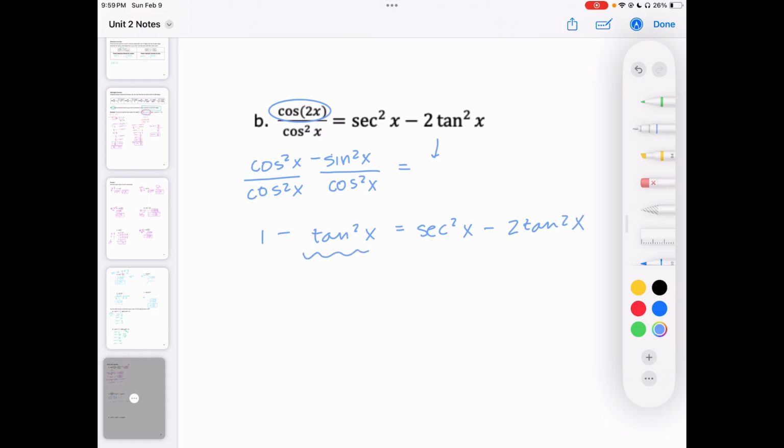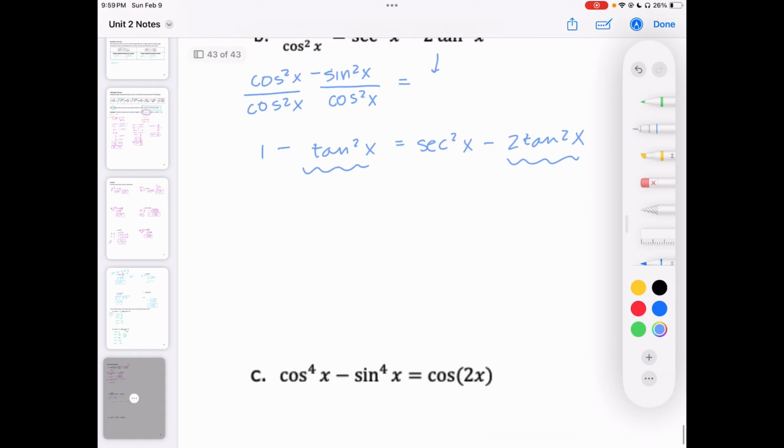I'm thinking I should combine these tangents. So I'll go ahead and do that. I'll bring the secant over. So I'll say 1 minus secant squared x equals tangent squared x minus 2 tangent squared x. And then I have 1 minus secant squared x equals negative tangent squared x.